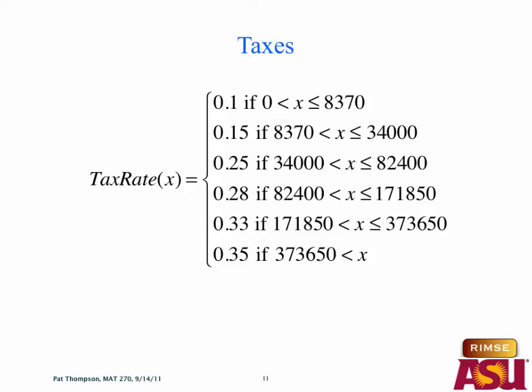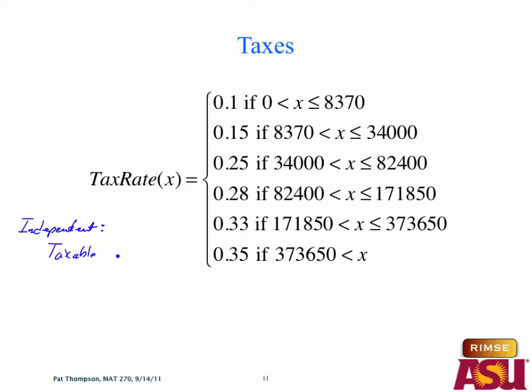What are the independent and dependent quantities of this function? Income is your independent. Looking at those ranges of x values, that seems like a good educated guess, and it is. Your independent variable here is taxable income.